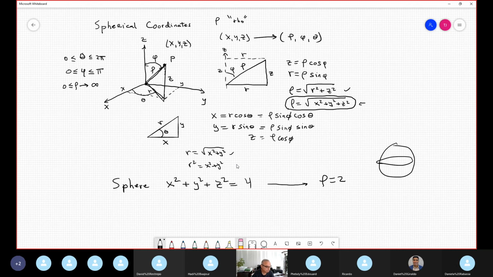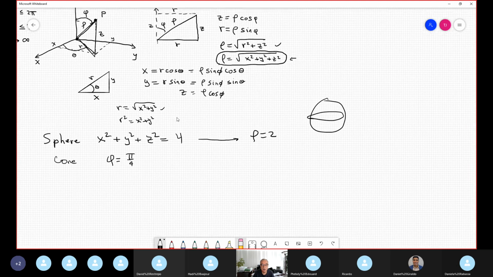Suppose now a cone. A cone is, look, suppose phi equal pi over 4. It's the equation of a cone. Wow, why? Well, using the intuition, suppose a cone like that.